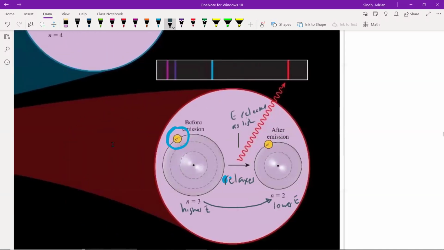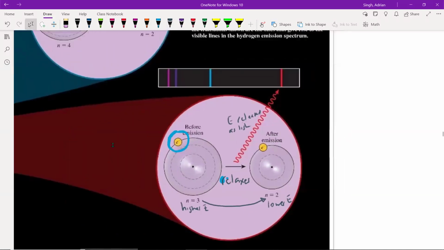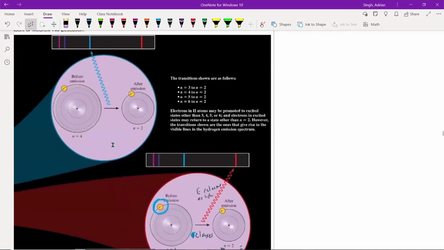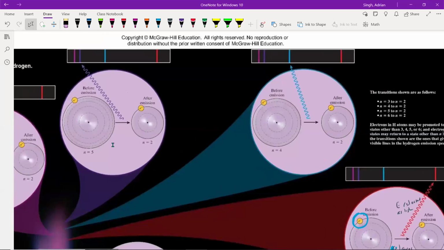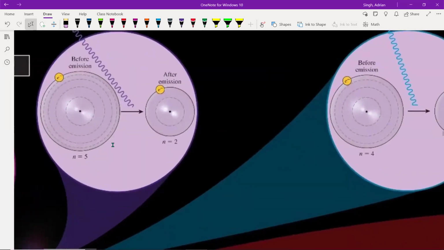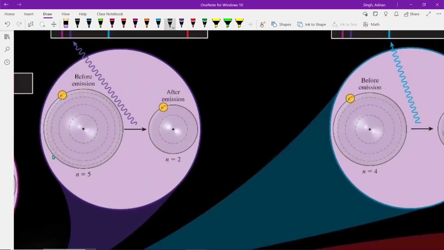Okay, what could also happen is when that atom gets excited, that electron could have jumped to maybe the n equals 5 energy level. Okay, so now it's excited. Electron is in the n equals 5, so way further away from the nucleus than the n equals 3 or the n equals 2. But the same thing can happen.